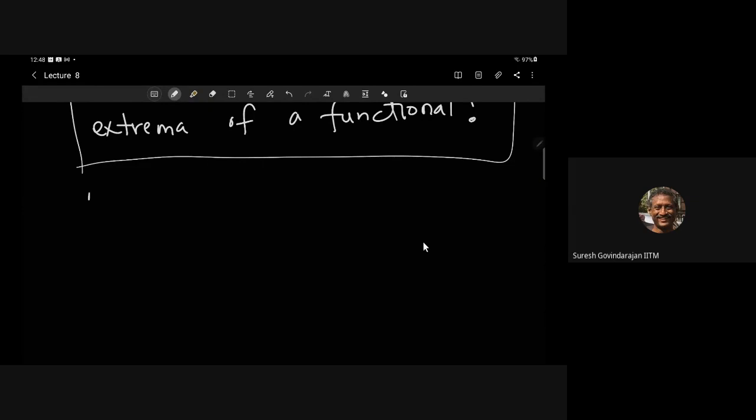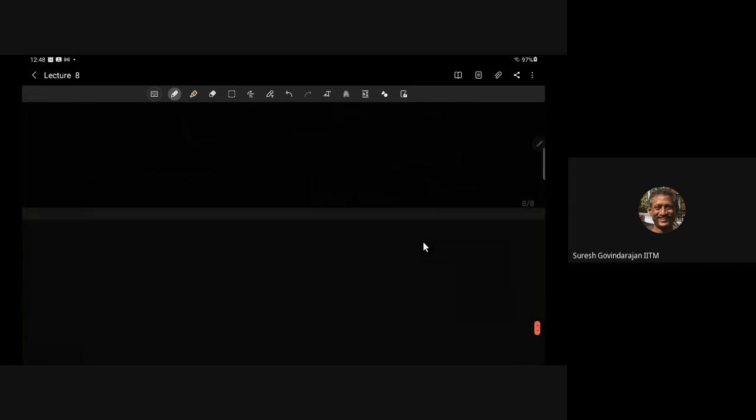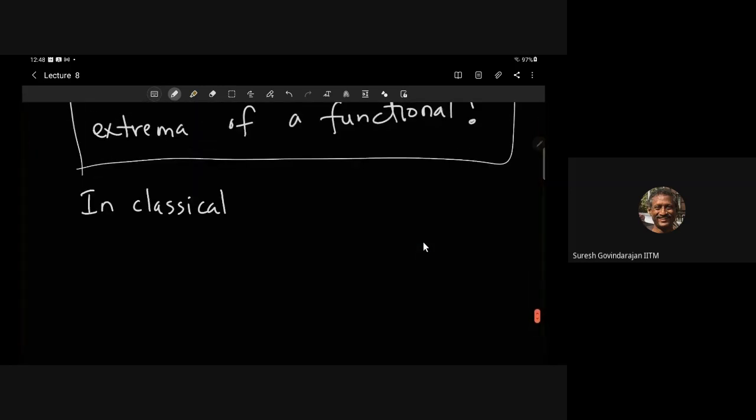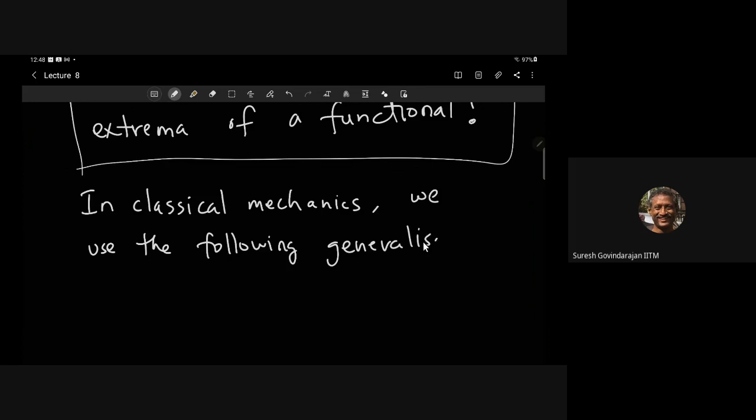What happens in classical mechanics is we use the following generalization. Okay, let's write in a different color.